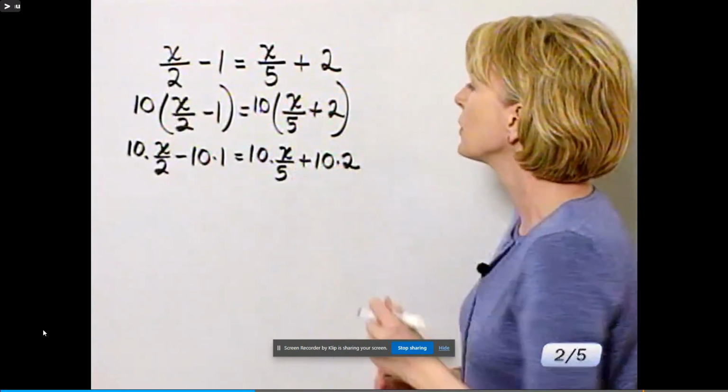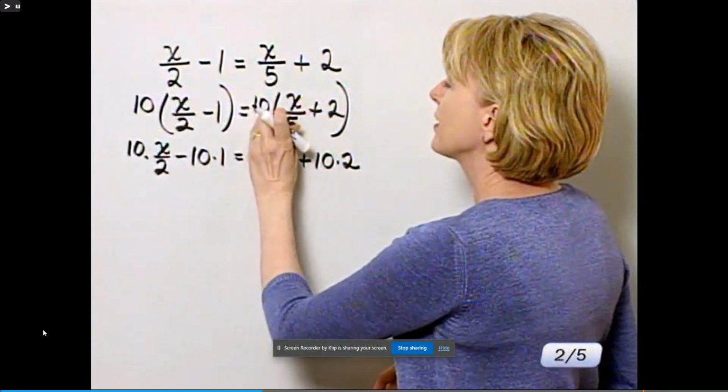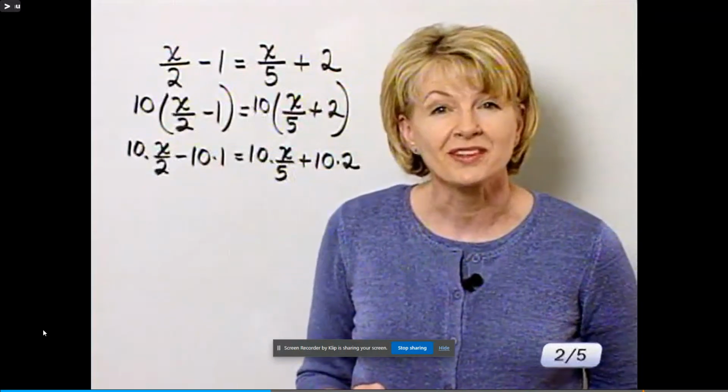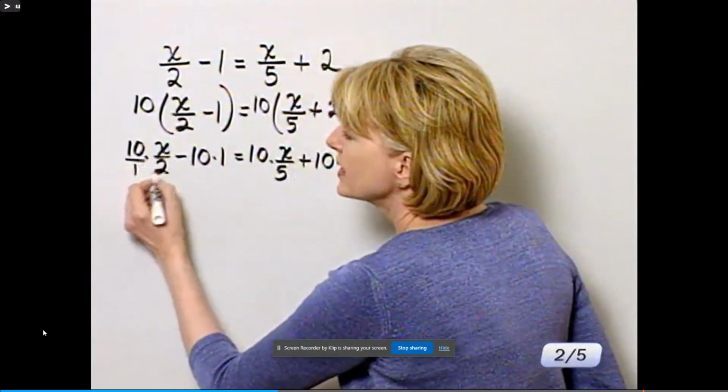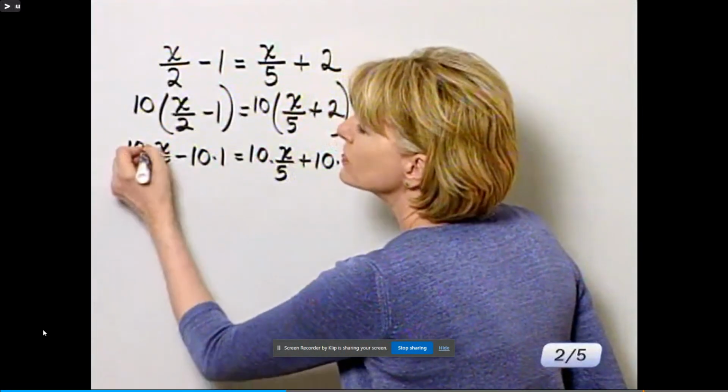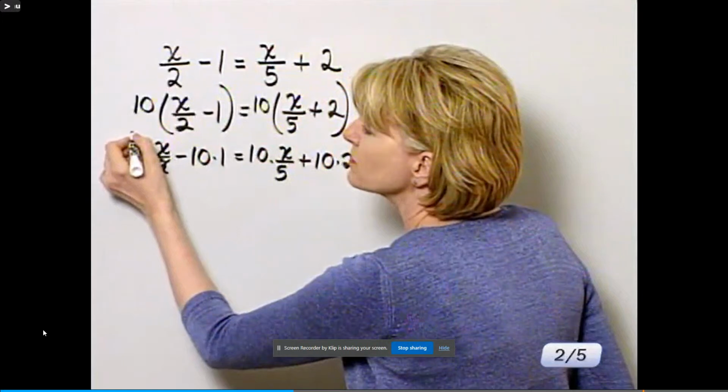All right, and then let's go ahead and simplify each one of these terms. Notice 2 and 10, there's a common factor of 2, and 10 divided by 2 is 5.